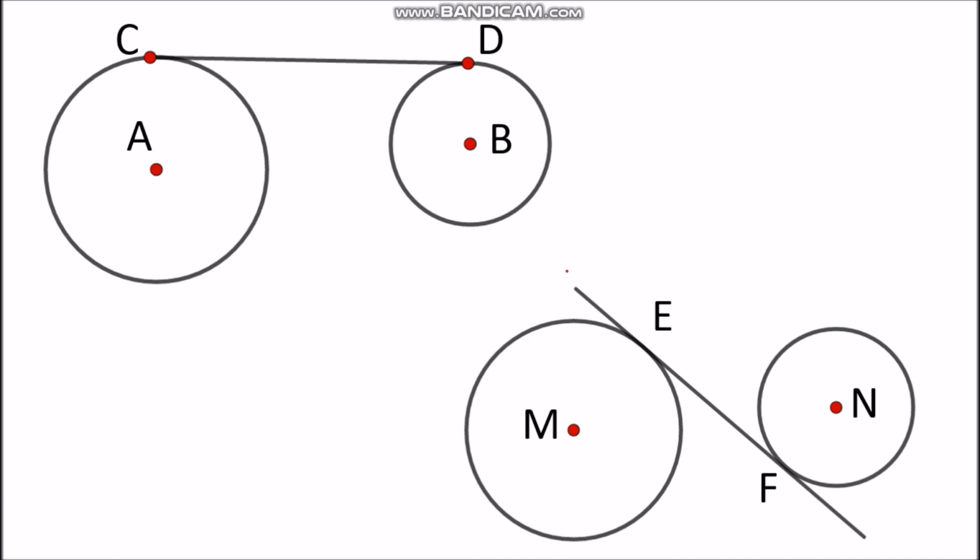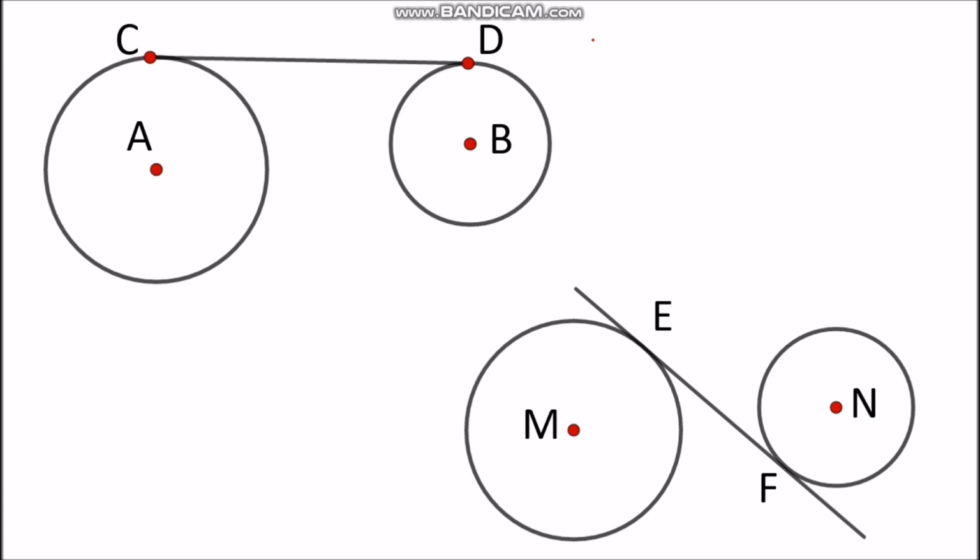So let's take a look at this example. Let's say you have circle A, this one, and then you have circle B. Now, if you will notice, these two circles both have a tangent segment, which is this segment CD.